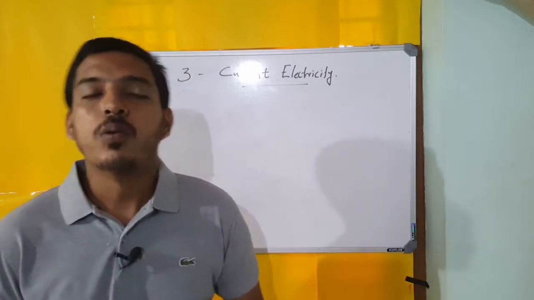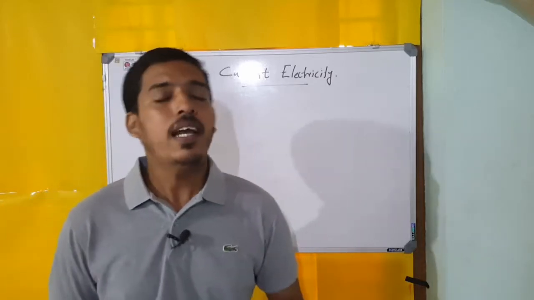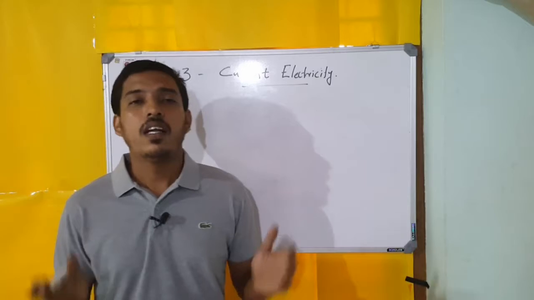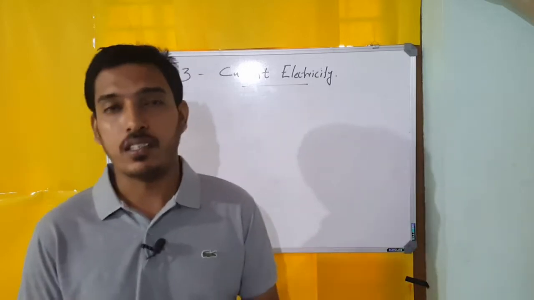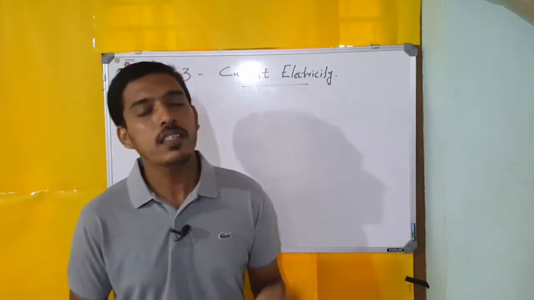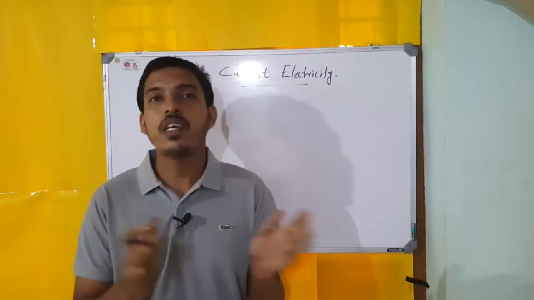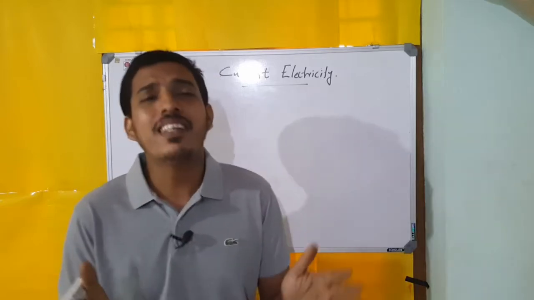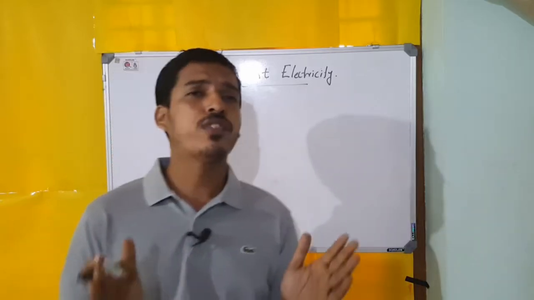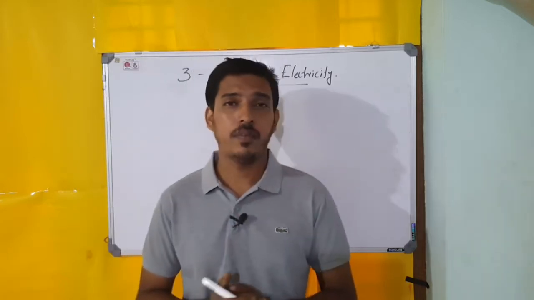Such a current occurs in many situations. Lightning is one example of such a current. During lightning, electric charges flow from the cloud to the earth through the atmosphere. But in lightning, the flow of charges is not steady.